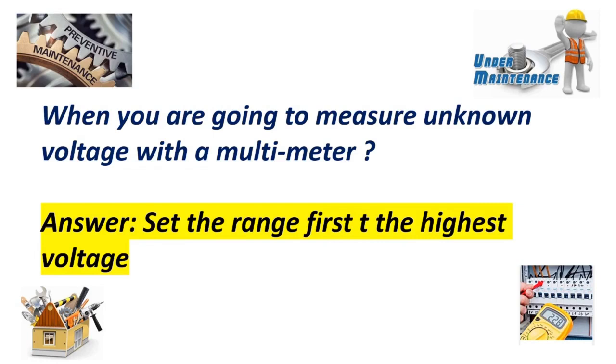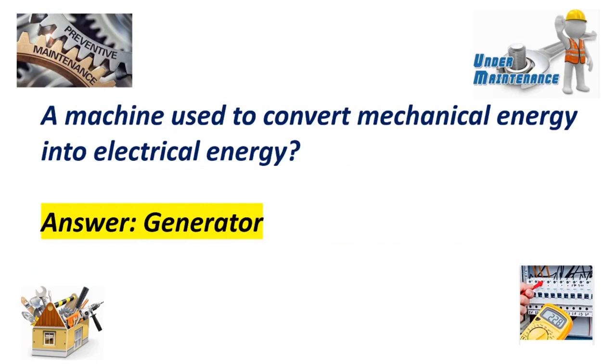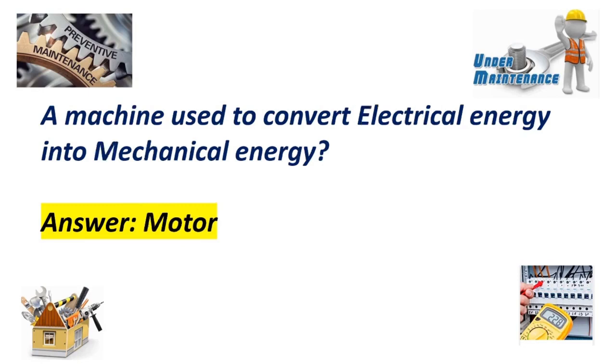When you are going to measure an unknown voltage with a multimeter, set the range first to the highest voltage. A machine used to convert mechanical energy into electrical energy: Generator.